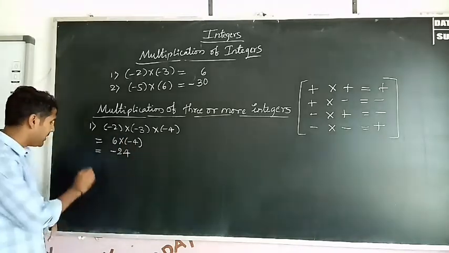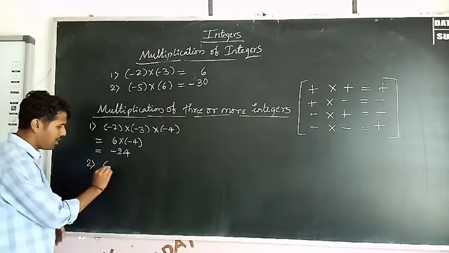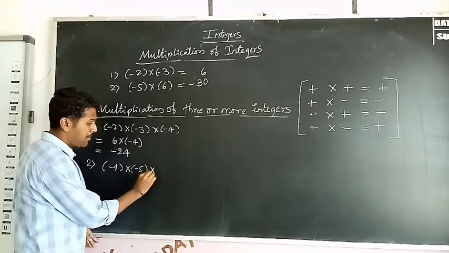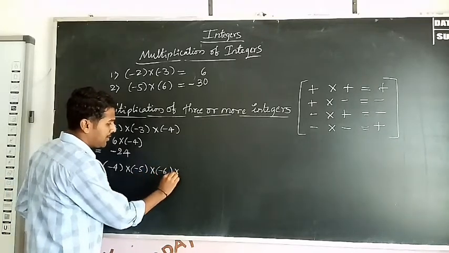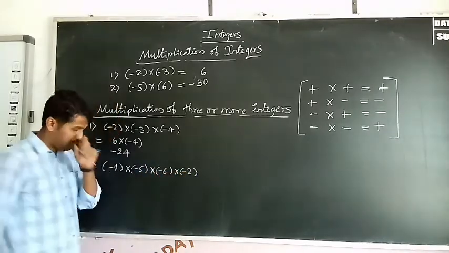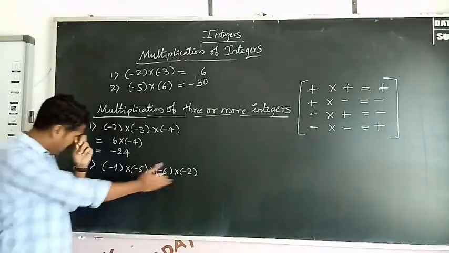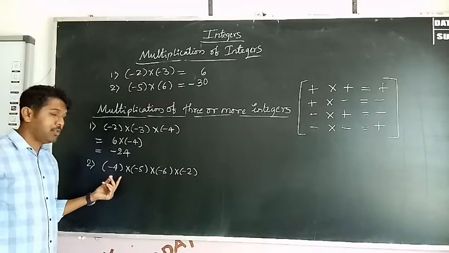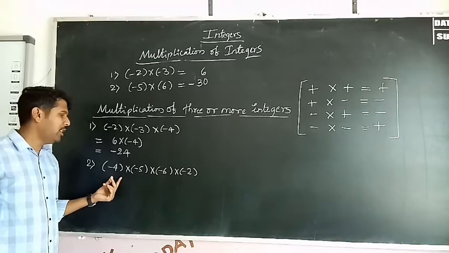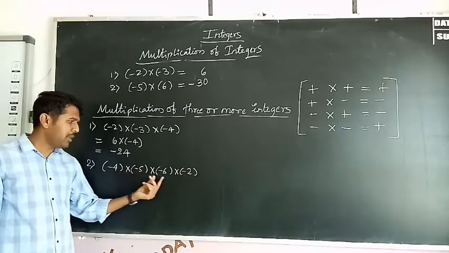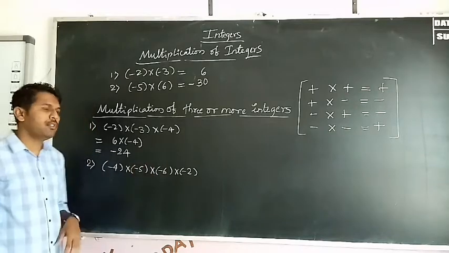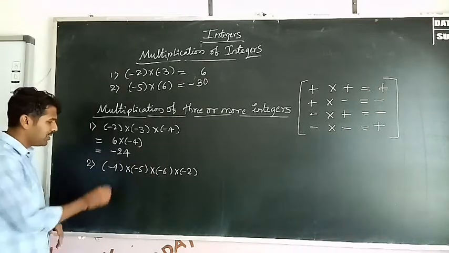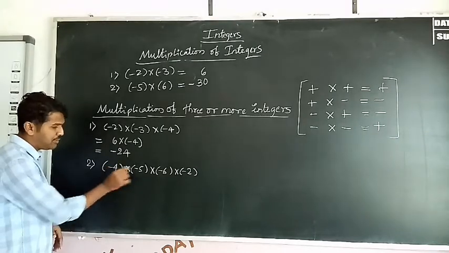Let's take another example: minus 4, minus 5, minus 6, minus 2. How many integers are there? 4 integers. First take 2 integers, I have taken 4 and 5, so minus 4 and minus 5.